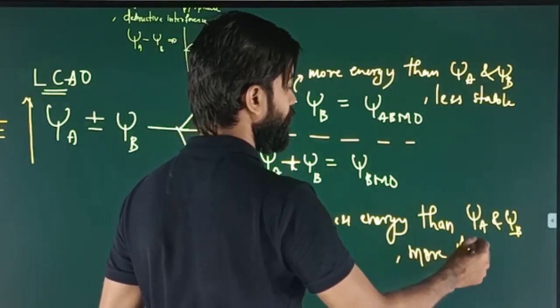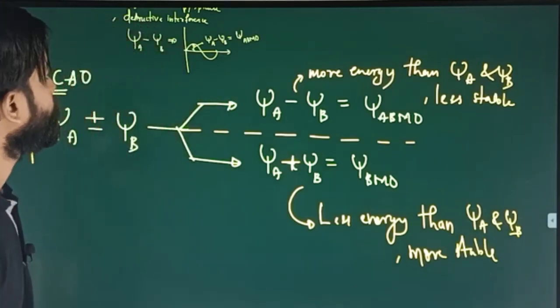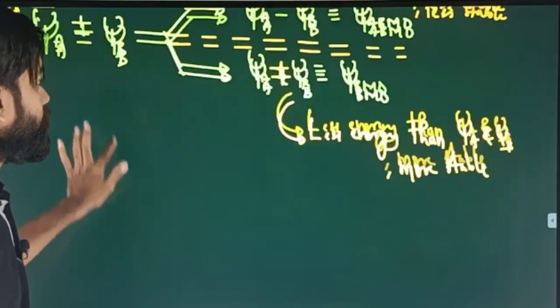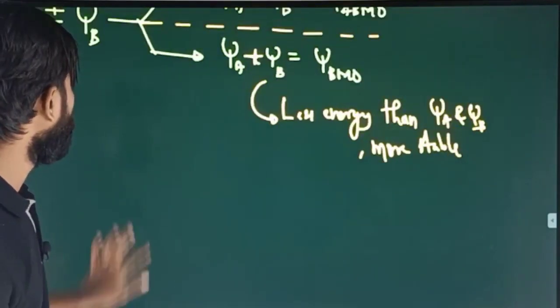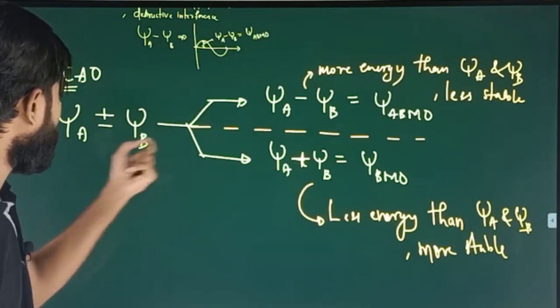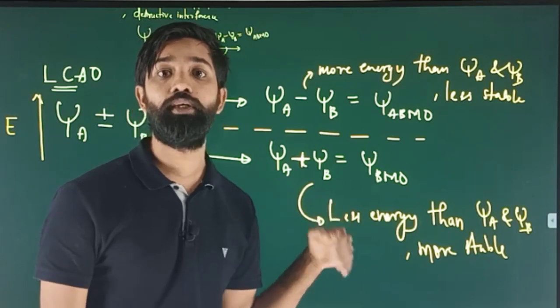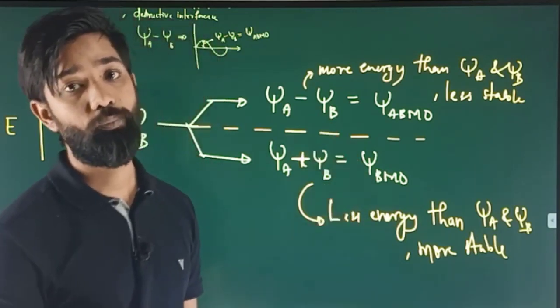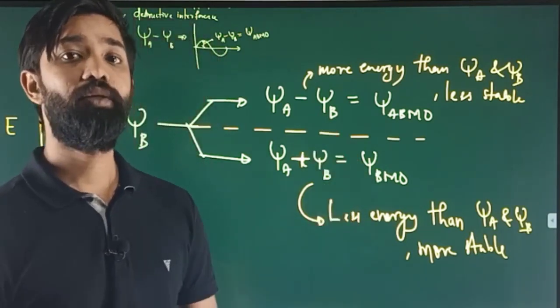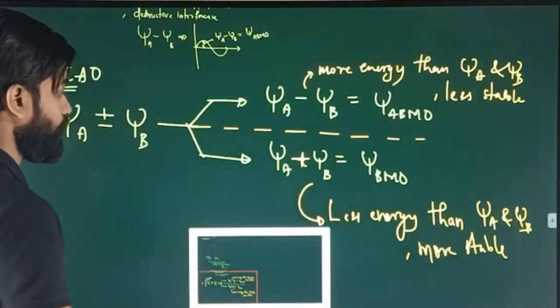So greater is the stability for the bonding molecular orbital. So it is very clear that when two atomic orbitals, psi A and psi B, are combined, they form two molecular orbitals. One is by additive combination with low energy, another is by subtractive combination with high energy. Physically, one is by constructive interference, another by destructive interference.